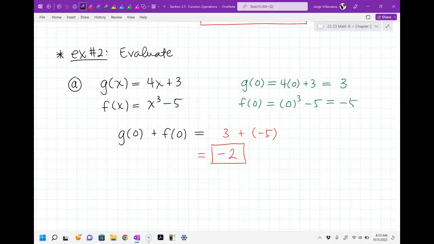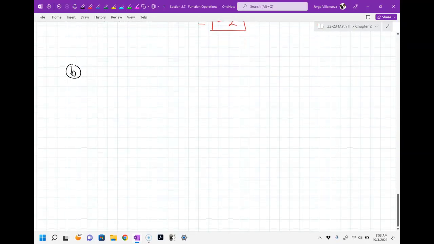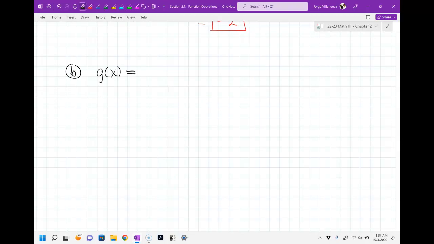Let me give you the last one, part B. This will be a multiplication one. We'll make it the toughest one, I guess. So g of x, they both look kind of tough, but this one has negative numbers to plug in, so I guess that would make it a little bit tougher.